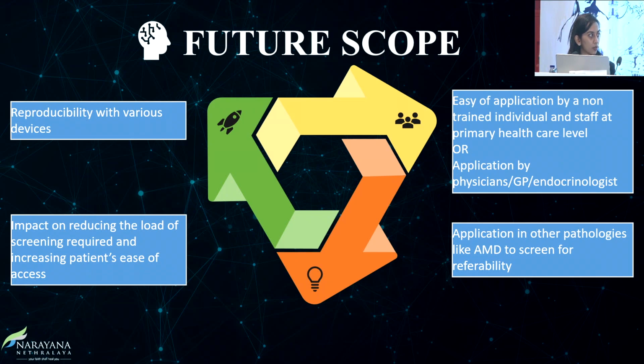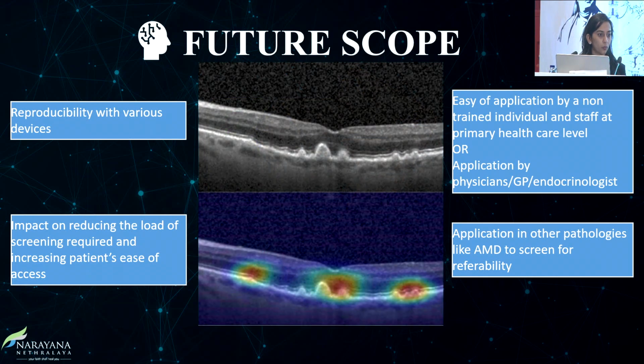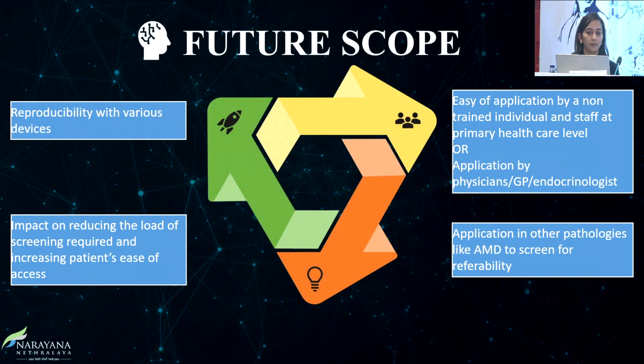We use a Triton OCT and fundus camera right now. We want to see if they can be used with handheld OCTs and fundus cameras, and if this can be applied by untrained staff and personnel. This is what we are working on. It can also identify the drusen in ARMD. We need to work on it and develop it further.